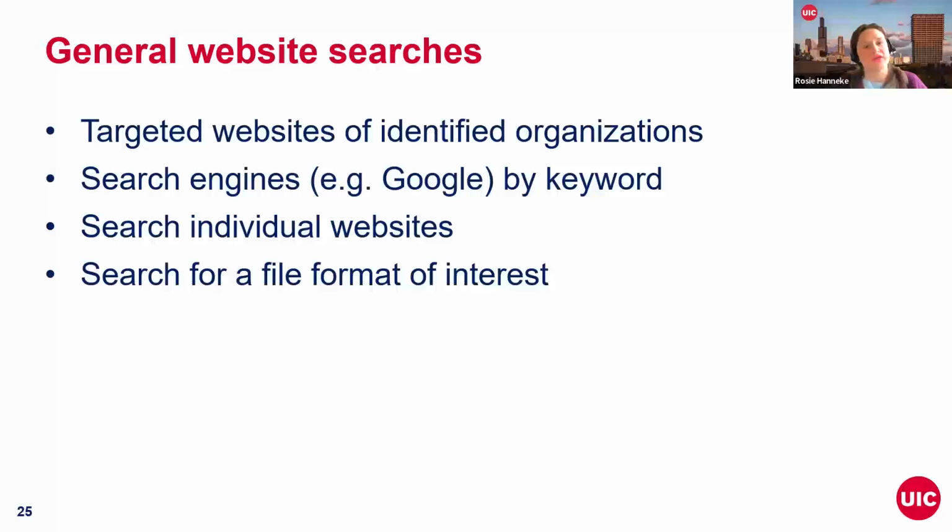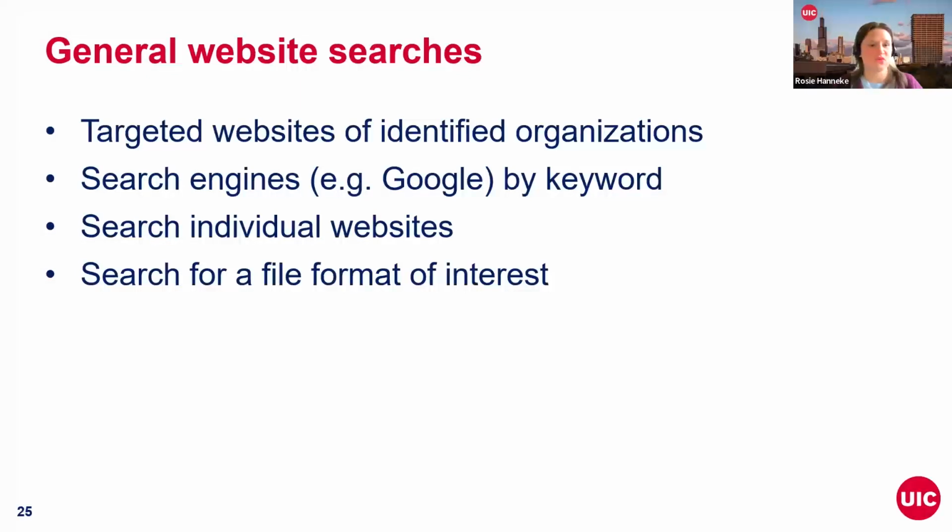All right, so in addition to those specialized resources, you might also do just general web searches. As I just mentioned, you might know the websites of certain organizations and target those websites. You can do general Google searches. You can search individual websites via Google, which I'll talk about in just a minute.